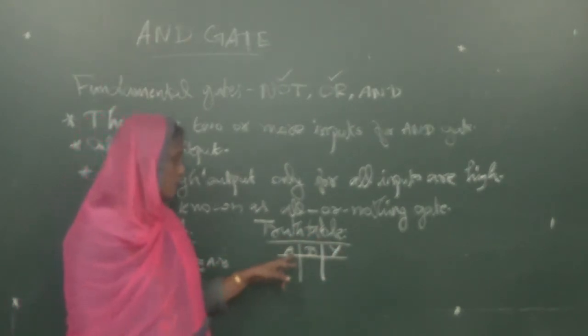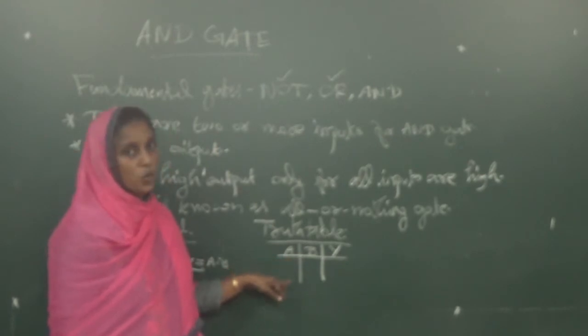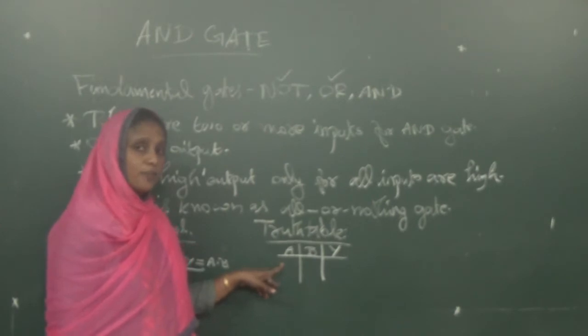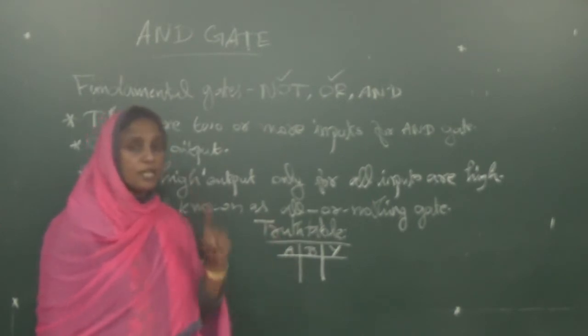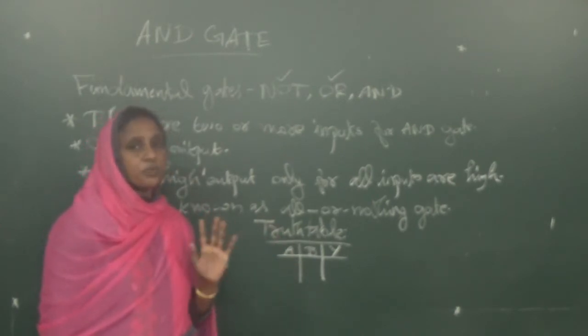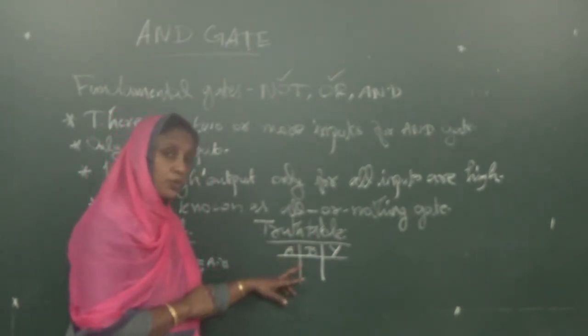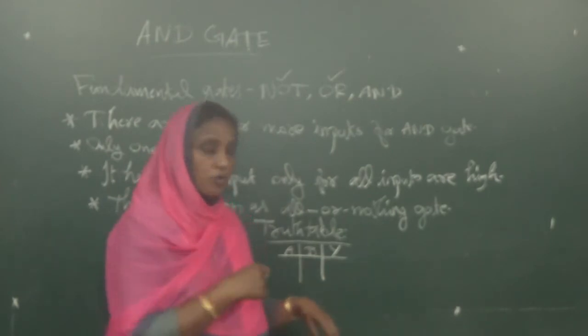As usual, we have 2 raised to n rows, depending on how many inputs there are. Here there are only two inputs, so you have 2 squared, 4 rows.